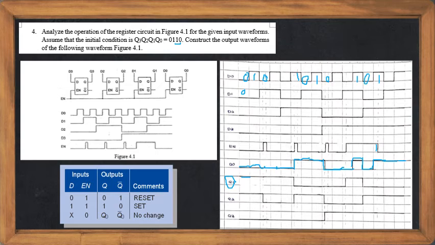When D is 1 and the enable is 1, it will be set.